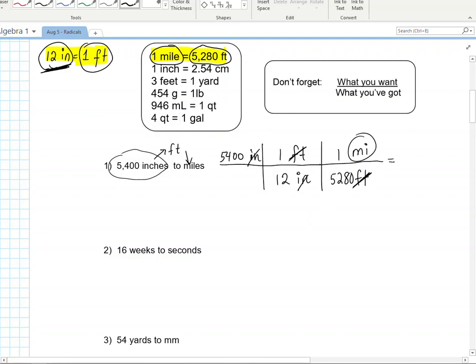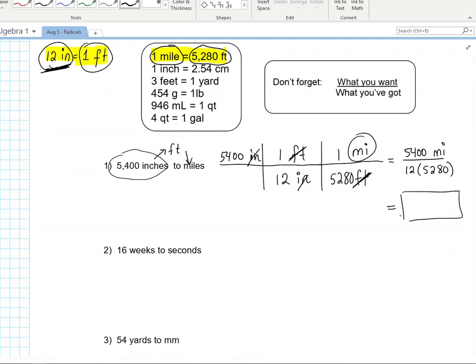So now you just collect your numbers. All the numbers in the numerator are going to be 5,400, and in the denominator is 12 times 5,280. The final answer is going to be, give me a minute, I'm going to put it in the calculator. You should also be putting it in the calculator to make sure you get the correct answer. 12 times 5,280.